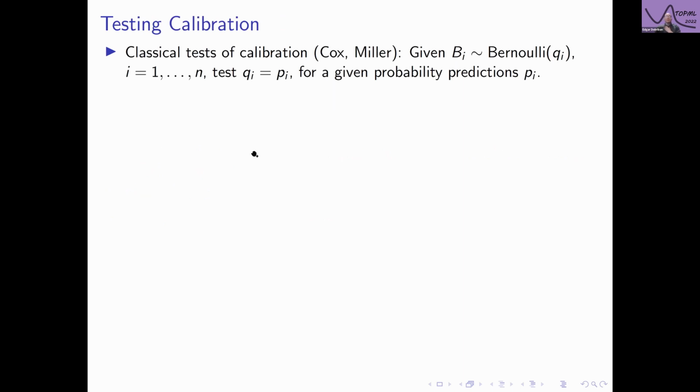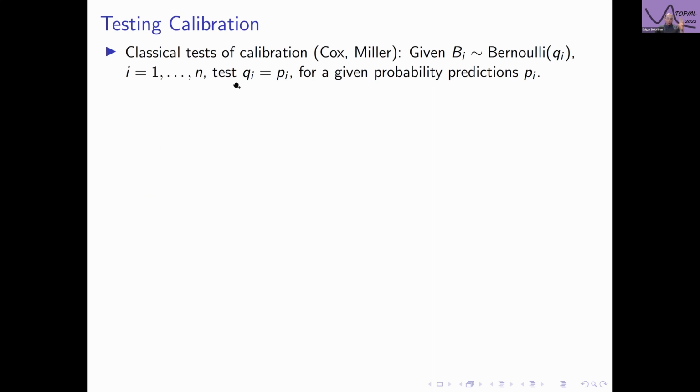Okay, so let's just again, to form the context, see what are the sort of well-known tests for calibration. For this one, what we need is, let's look at the binary events B_i. These are Bernoulli random variables with some success probabilities q_i.